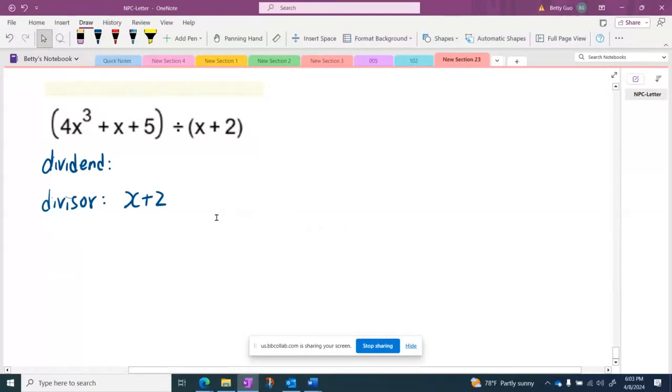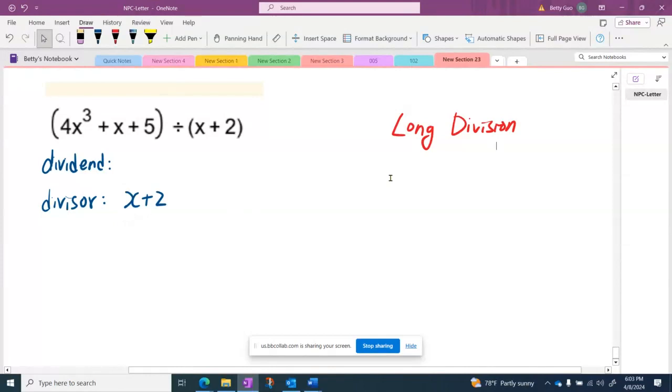And the divisor in this division is not a monomial. So the technique we learned last class does not work here. We need to find a new method, and the new method is called long division. There are other methods, but in this class, I only cover long division. Long division to process division of two polynomials when the divisor is not a monomial.